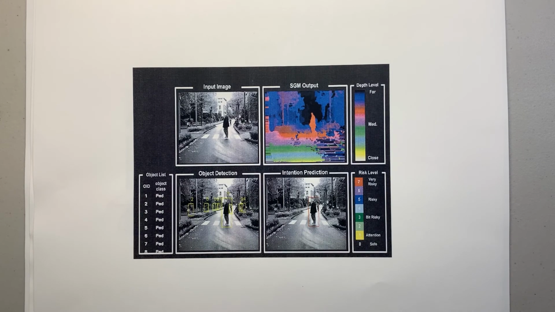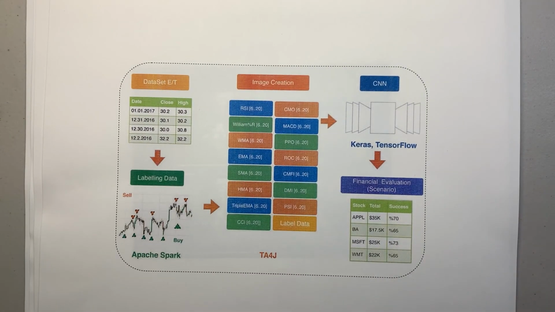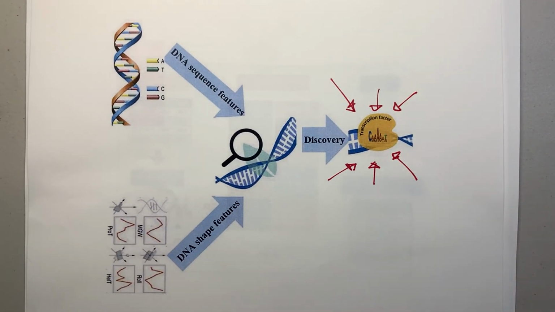Another example of the versatility of convolutional neural networks is the utilization of a convolutional neural network to make better decisions about stock trading. By training the convolutional neural network with data and images, the neural network is able to identify whether to buy, sell, or hold a stock. An application of convolutional neural networks in the field of biology can be seen in the research into the function of non-coding DNA sequences, also known as junk DNA.